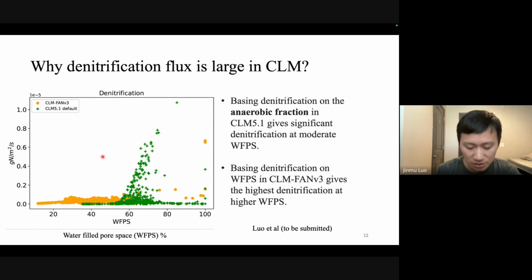Our new method can largely reduce the denitrification at moderate water-filled pore space, but it's not just scaled down: at high WFPS, we still have a high denitrification potential. That means this alternative method can partially help to improve the problem of overestimation of the denitrification flux in CLM.